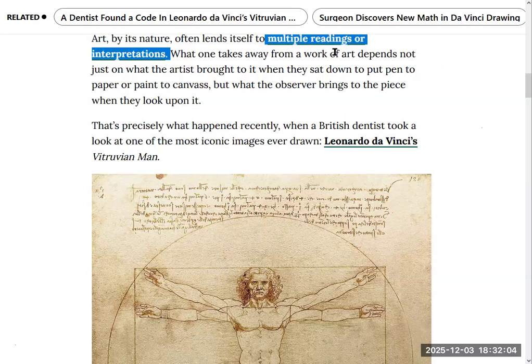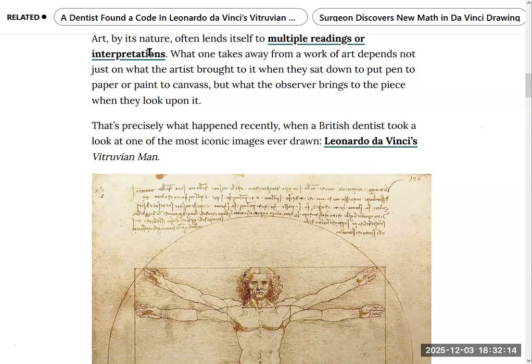So many different readings or interpretations. So an interpretation really is the same thing as multiple readings. So, with languages, when you interpret one language into another, there's probably several different words you could use sometimes to explain something. Lots of different words, and you're basically saying pretty much the same thing, but not exactly the same thing.